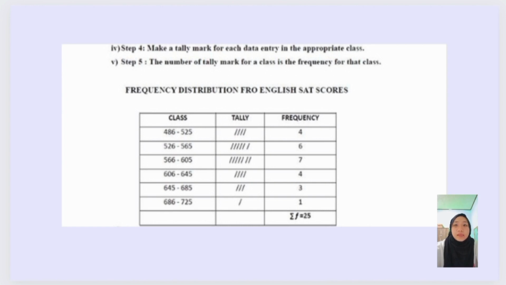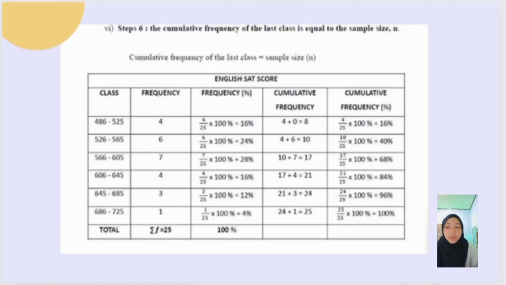Then the third step is to set the individual class limits. The minimum data entry is a convenient lower limit for the first class. To find the lower limits of the remaining 6 classes, add the class width of 40 to the lower limit of each previous class.